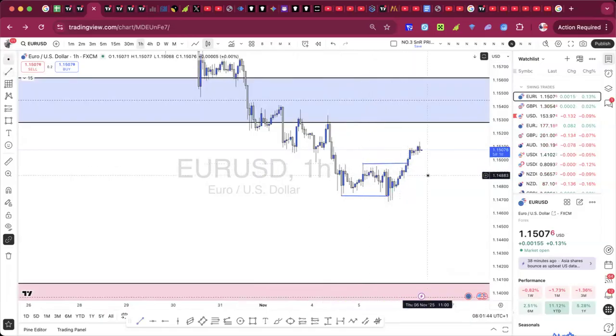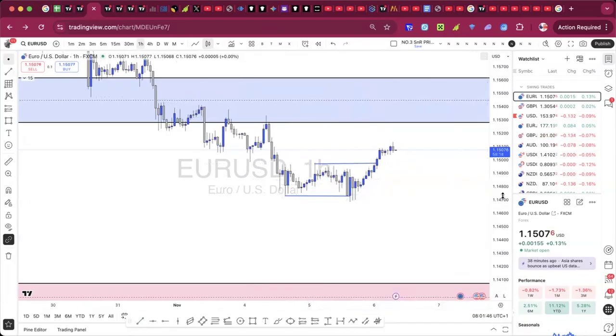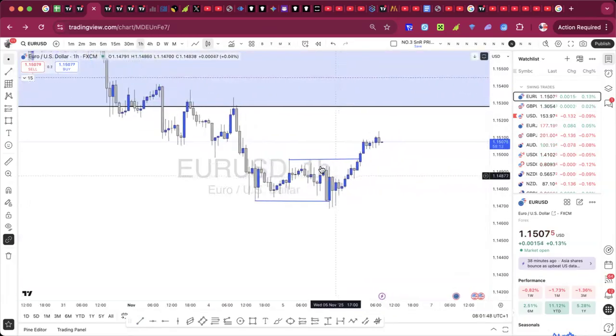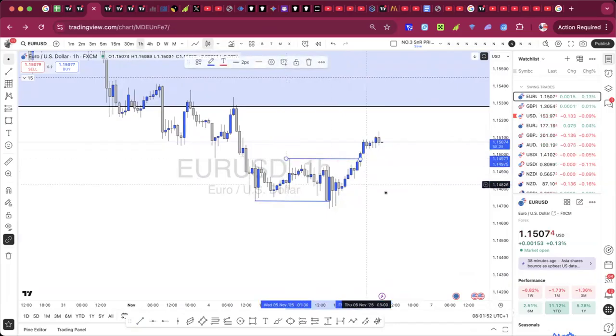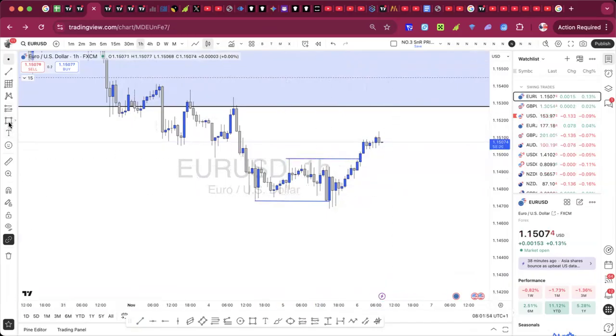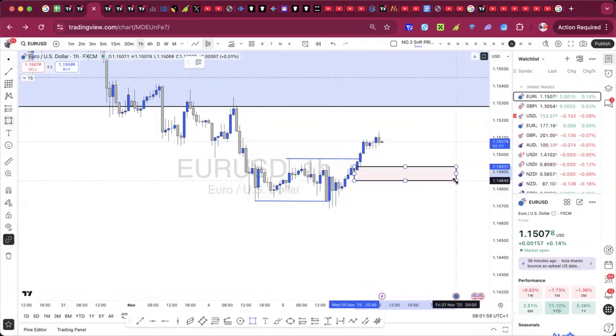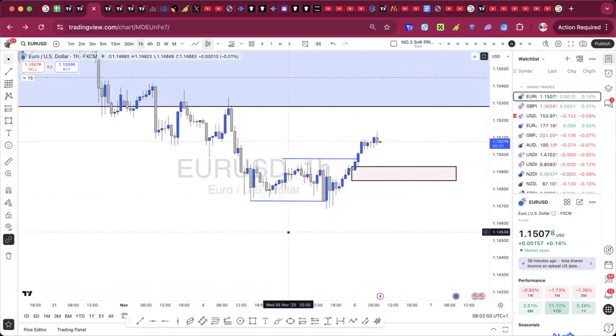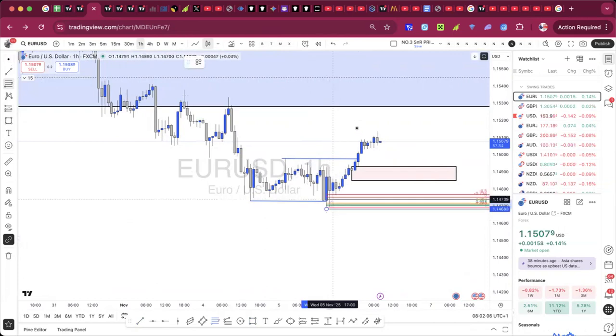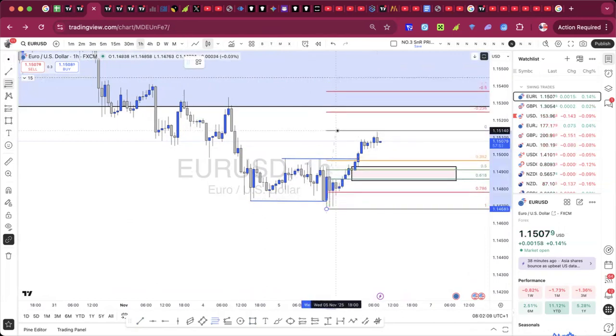we have a change of character here on 1 hour. So patience requires you to wait for this market, probably here, another block. Then you probably want to use your favorite retracement level, checking from this low to probably this high.